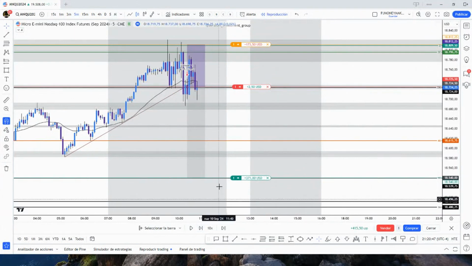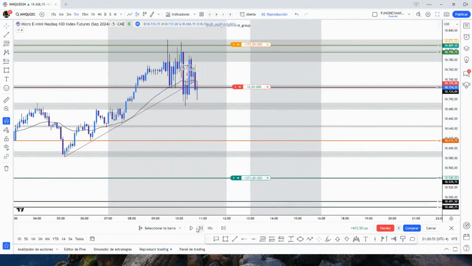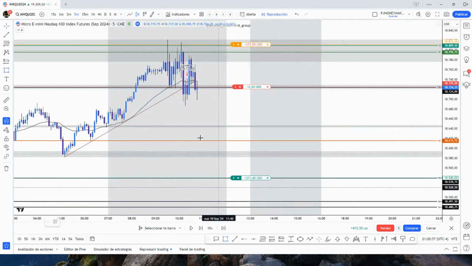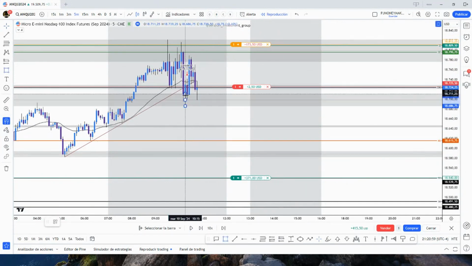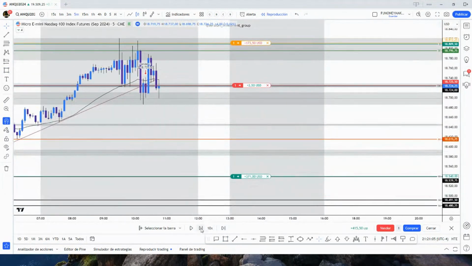Pay attention to this right here. This zone. So we're gonna update this zone. I'm gonna update this zone right here. I'll put it like this. Okay, so right here with this zone, we update.